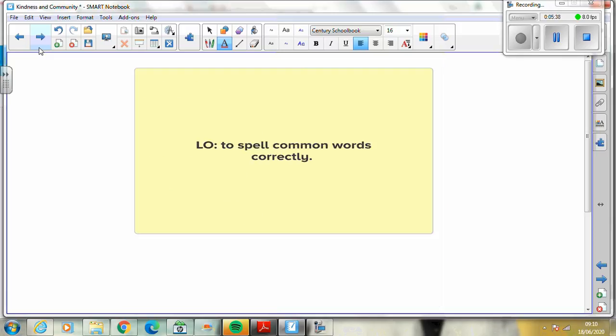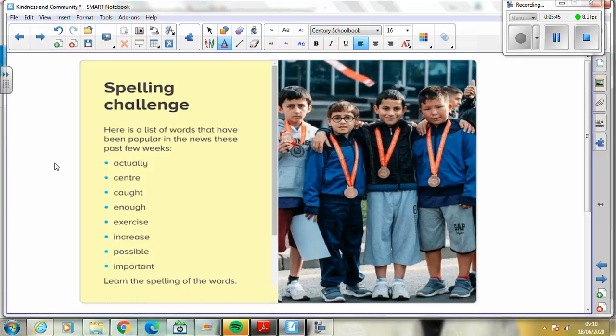What I'd also like you to focus on is spelling words correctly. The next task, I've given you some spelling words. Now, these are spellings that are really relevant to the writing that we'll be doing at the moment. You may also have come across these words if you've been reading the news or if you've been listening to Newsround on CBBC.